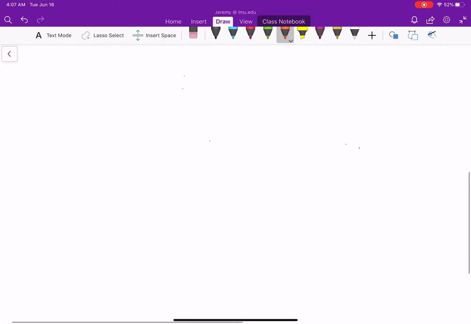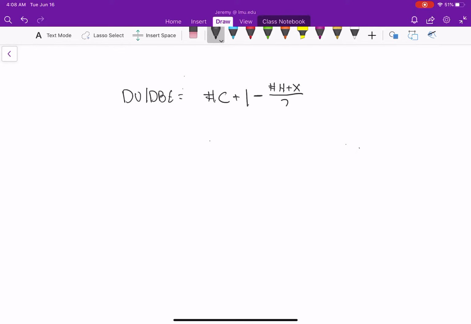So let's look at the formula for how we calculate this. To calculate your DUs or DBEs, you look at your molecular formula, and you count the number of carbons plus 1, minus the number of hydrogens plus the number of halogens, divided by 2, plus the number of nitrogens divided by 2.